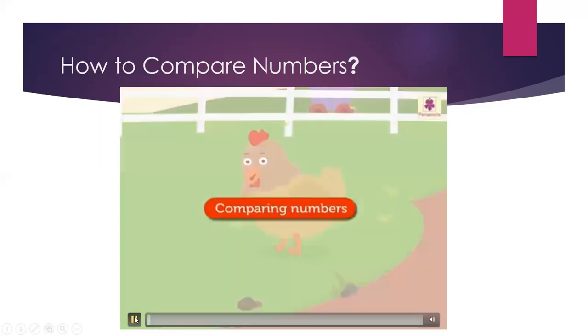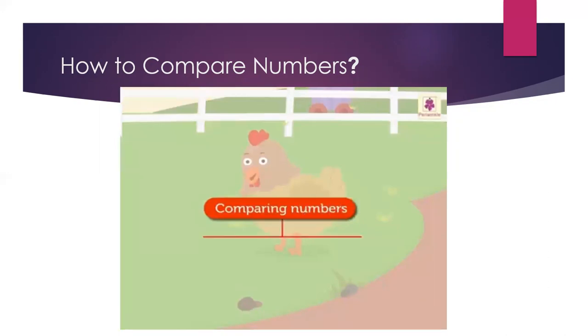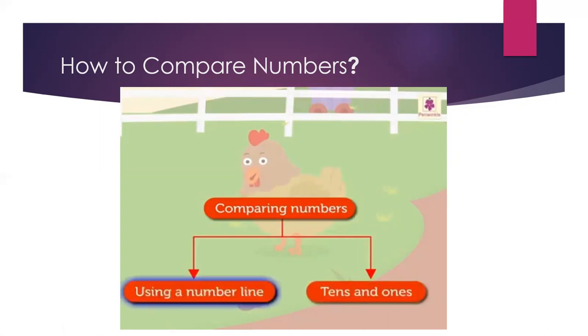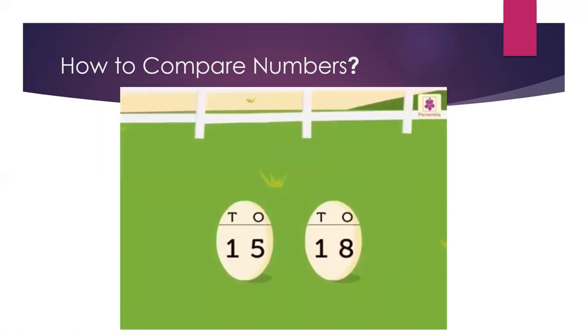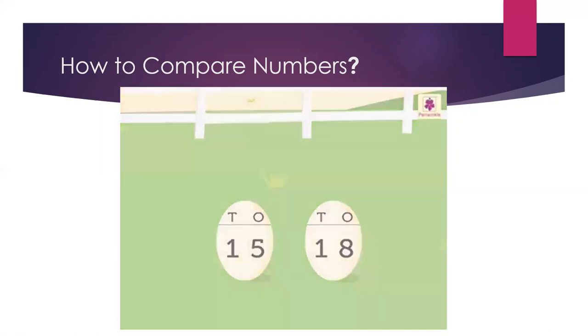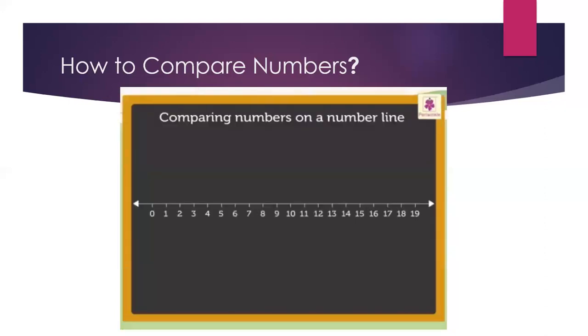Let's learn comparing numbers with Daisy the hen. There are two ways to compare the given numbers. They are by using number line and comparing the tens and ones. Look at the numbers 15 and 18. Let us compare these numbers using a number line.